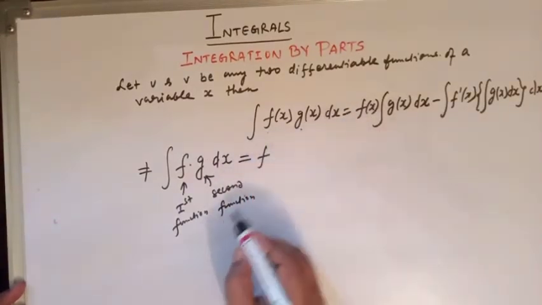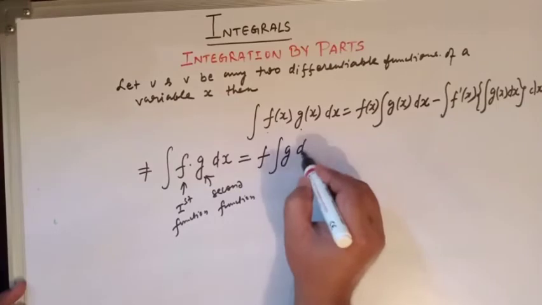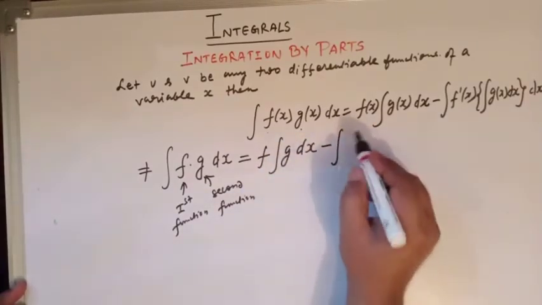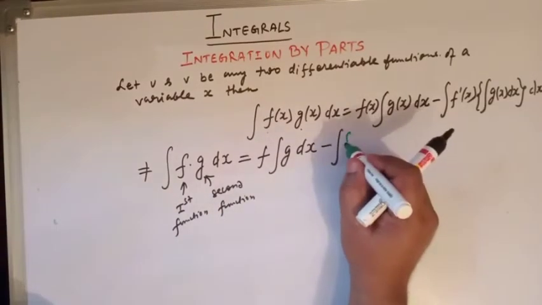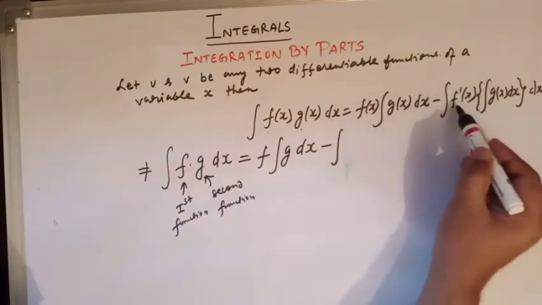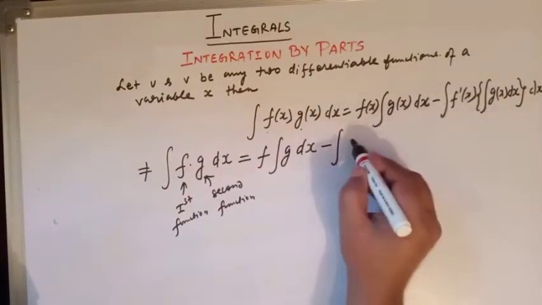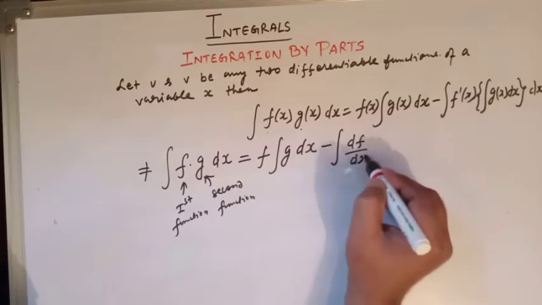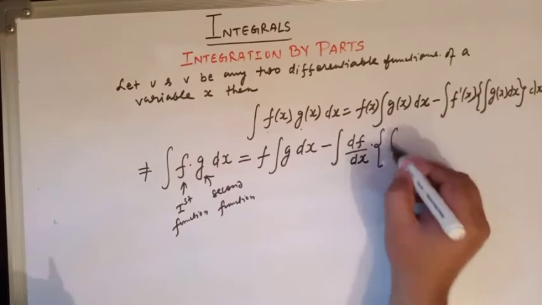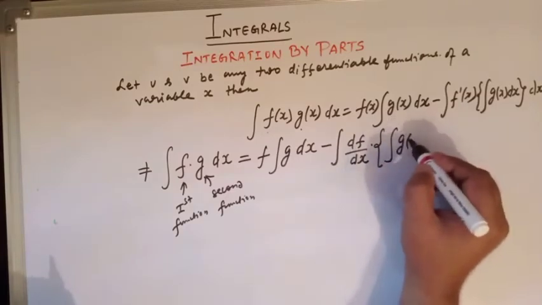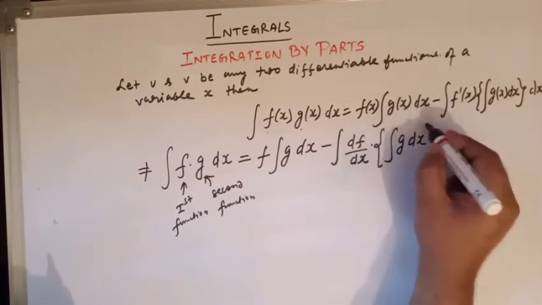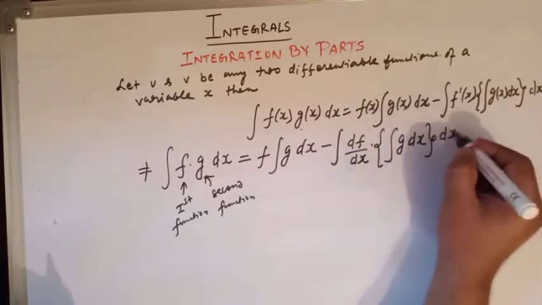that is the first function, integral of second, minus the integral of the derivative of this first function, which can be written as df over dx, and then the integral of the second function, and then we have dx.